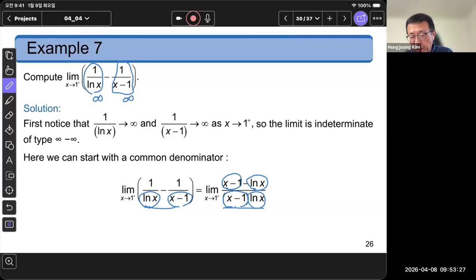If I merge these two expressions, then both the numerator and denominator are approaching 0 as x approaches 1 from the right. So I can apply L'Hopital's rule. That means I need to differentiate the numerator and denominator separately.